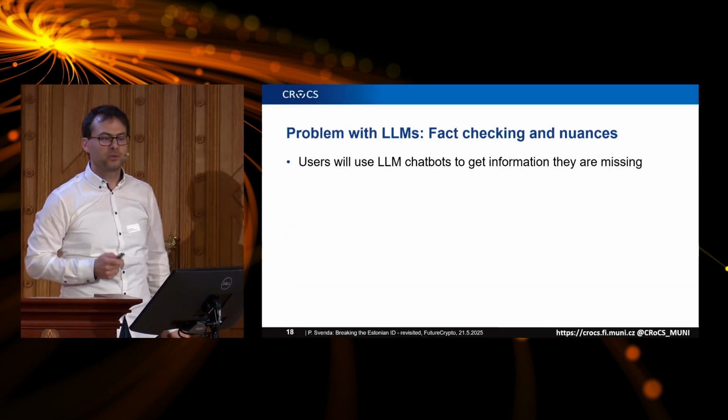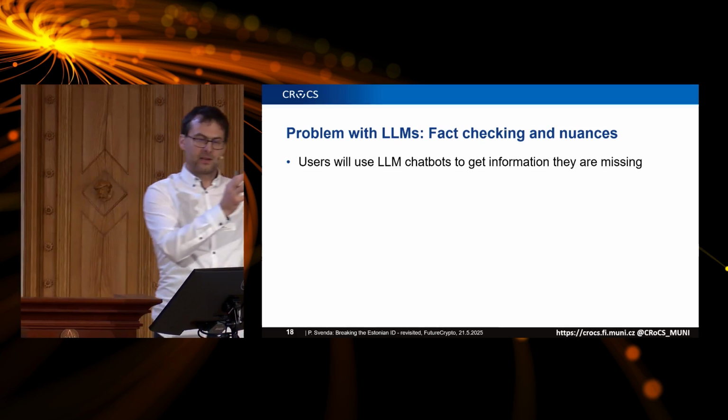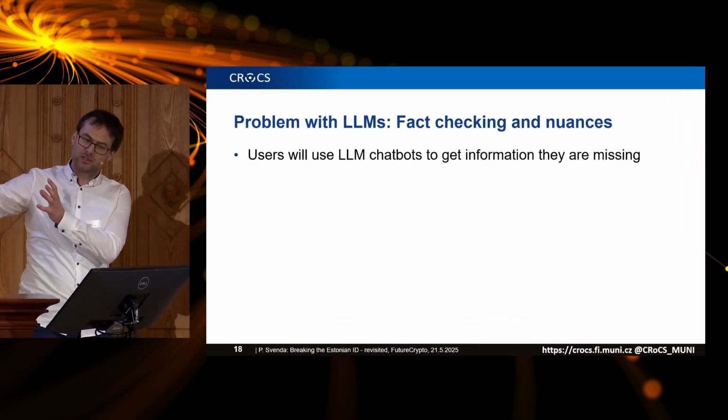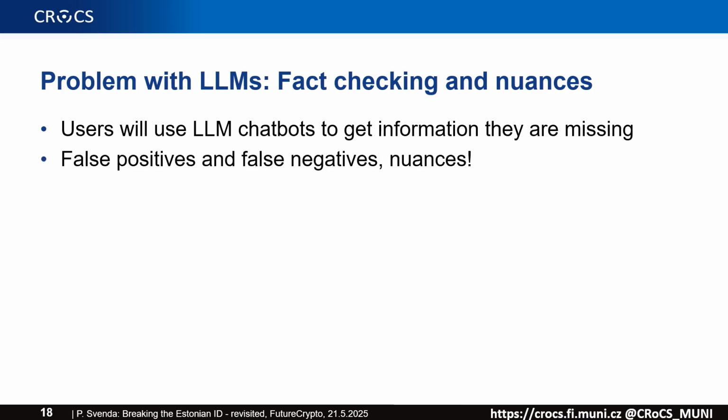Okay, I'm going to the last part, which is saying we have some custom-built expert tools. That's good. But we have ChatGPT, and people will just go for it simply because it's easier. We have been building the expert tool for 5 years, and we are still struggling with the user interface. ChatGPT got it right. So the problem here, of course, is false positives, false negatives, and nuances.